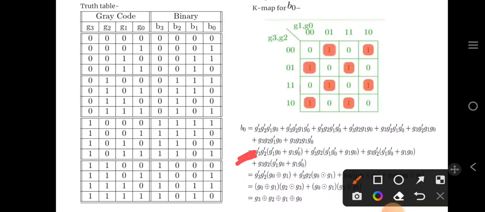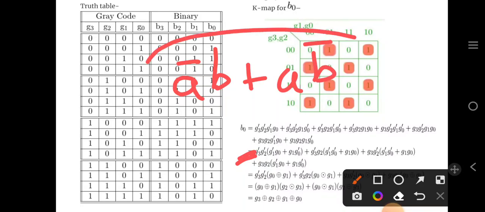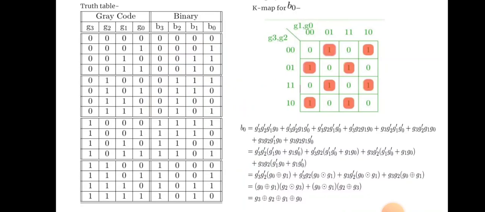After that, as we know the general formula, a bar b plus a b bar, this is a very important equation. It is used most of the time while minimizing, and it is very important for binary to gray and gray to binary code converters. So using this as a reference, we can convert the equation into a smaller form.